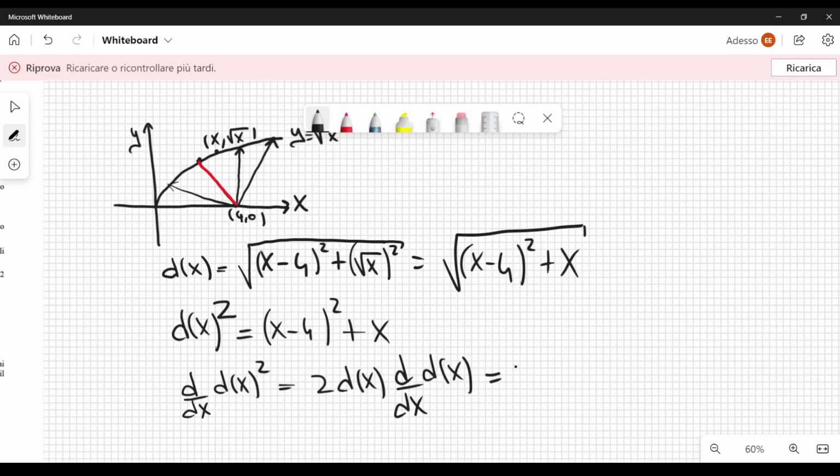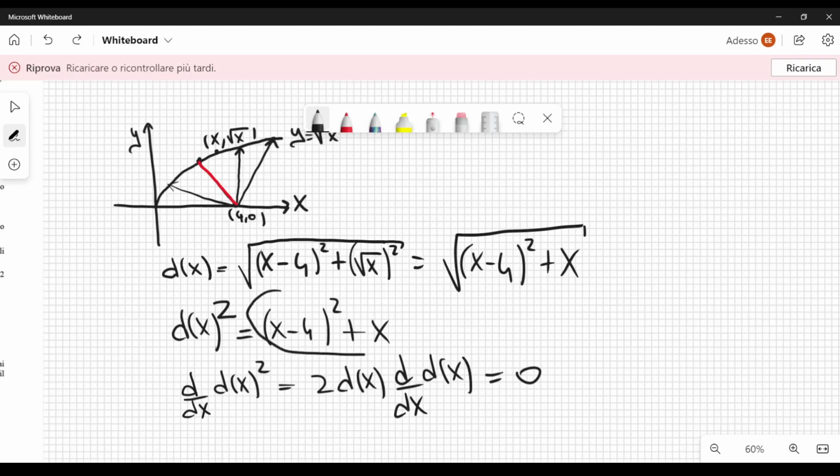So if you set this equal to 0, this will be 0 only when this derivative is 0. And therefore this condition corresponds to the condition that the derivative of the function itself should be 0. So you can easily understand that the point x which minimizes our function will be the same for both d of x squared and d of x, right?